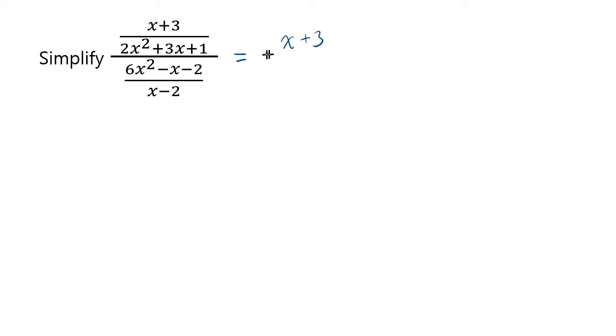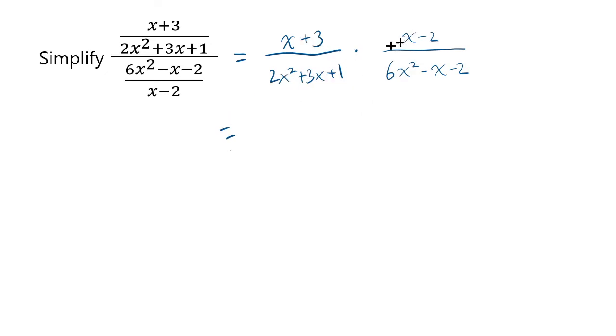So this must be x plus 3 over 2x squared plus 3x plus 1 times the reciprocal of this, which is x minus 2 over 6x squared minus x minus 2. Okay, and then again, because it's asking you to simplify, there must be some common factors.